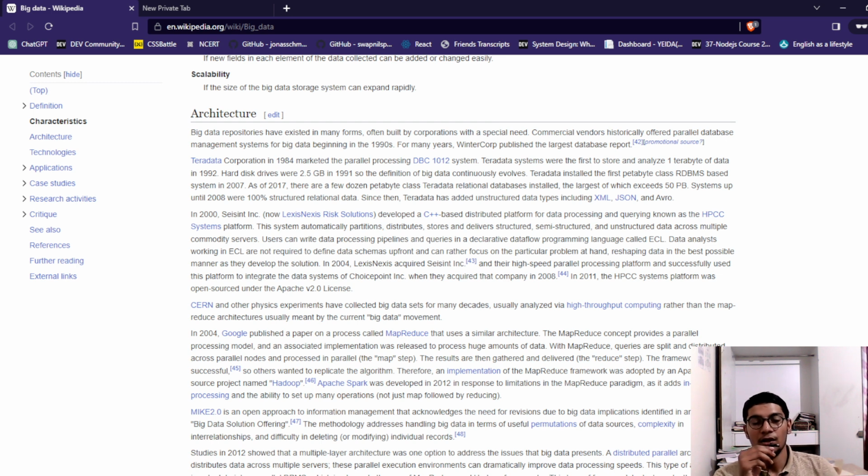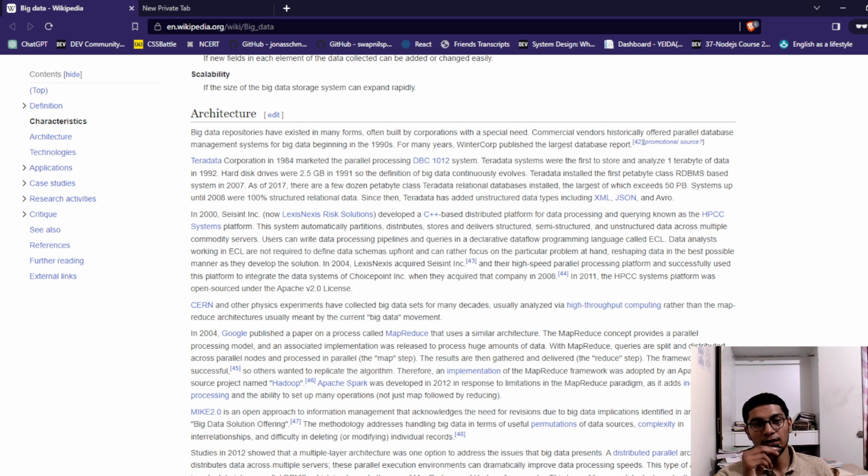For many years, Teradata Corporation marketed the parallel processing DBC 1012 system, from 1984. Teradata systems were the first to store and analyze 1 terabyte of data in 1992. Hard disk drives were 2.5 GB in 1991, so the definition of big data continuously evolves. Teradata installed the first petabyte class RDBMS-based system in 2007.